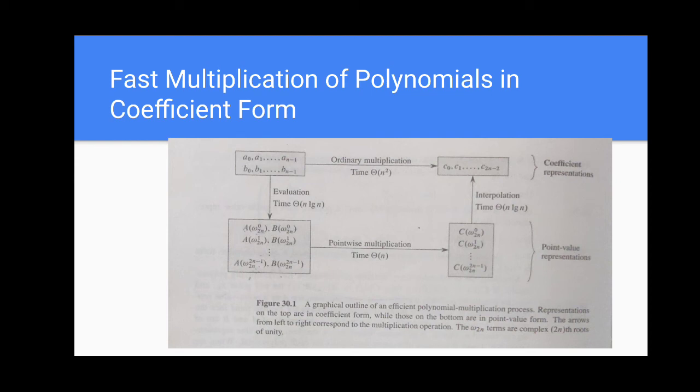Next, we pointwise multiply, that is, A of omega 2n of 0 multiplied by B of omega 2n of 0 and so on, and we get the corresponding multiplied values. These are nothing but the y values of the multiplied polynomial. Now again we can interpolate using the inverse discrete Fourier transform and get the coefficients c0 to cn minus 1. So the total evaluation time for this will be theta of n log n in asymptotic notation.